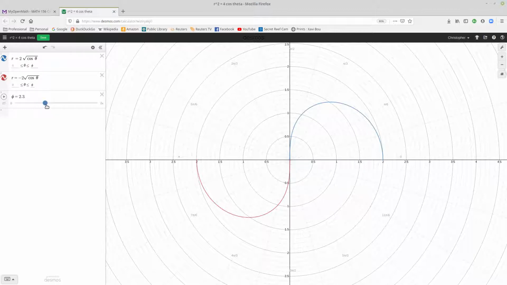But when we get beyond 3 pi over 2 into that last quarter of the period, we can see the drawing begin again. And that's going to be where cosine has become positive and takes on meaningful values for r and completes the picture.